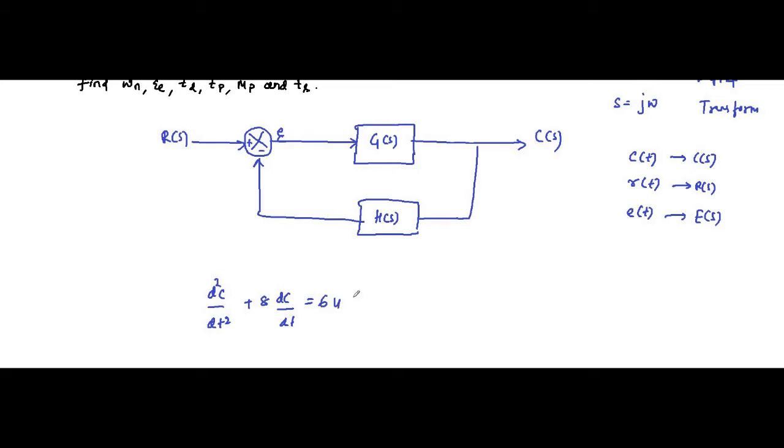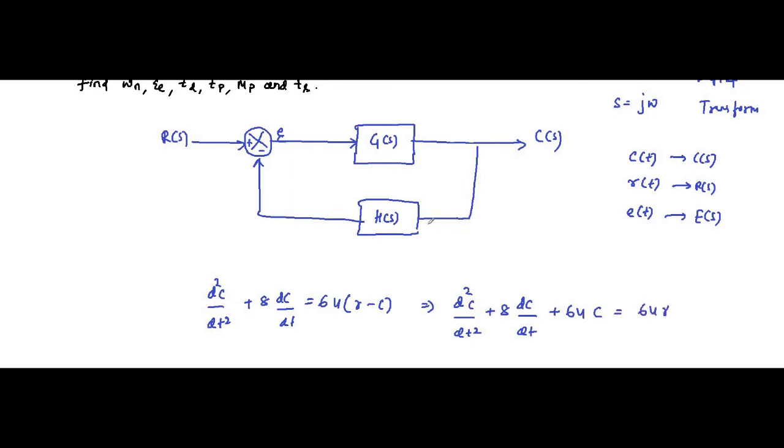Since E is equal to R minus C, we'll write it in that form. That implies d square c by dt square plus 8 dc by dt plus 64c is equal to 64r, bringing c to the left hand side.